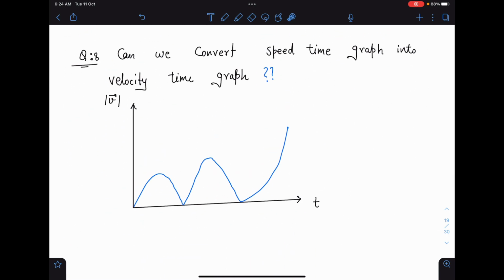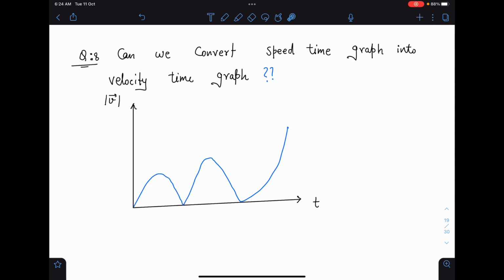Next is, can we convert speed time graph into velocity time graph? Now this is one question where a speed time graph is given. Many students will mark it, because sir, earlier we have done this question, so we may take it like this, but we cannot say. The particle may move in such a way that it is speeding up, then reaching its peak, then speeding down and comes to rest here, then again speeding up in the same direction or speeding up in the opposite direction.